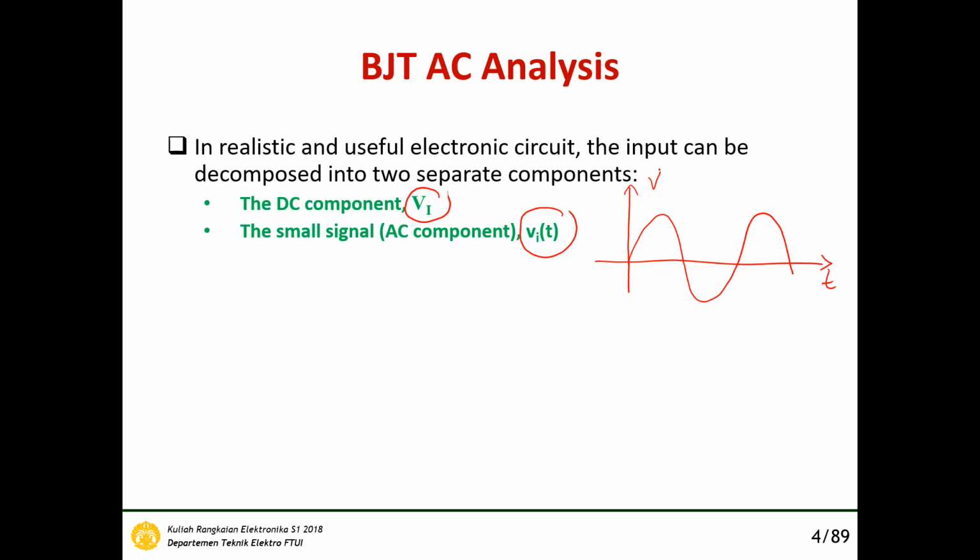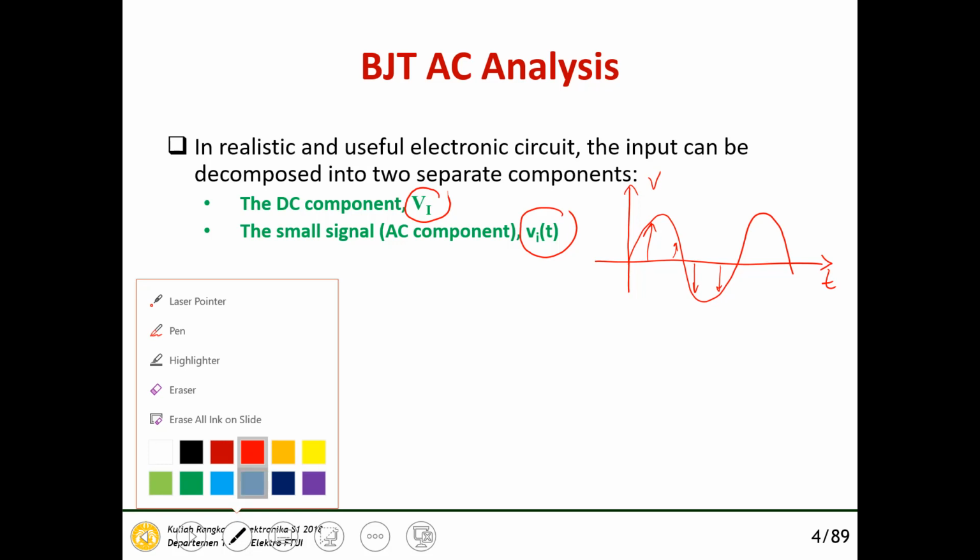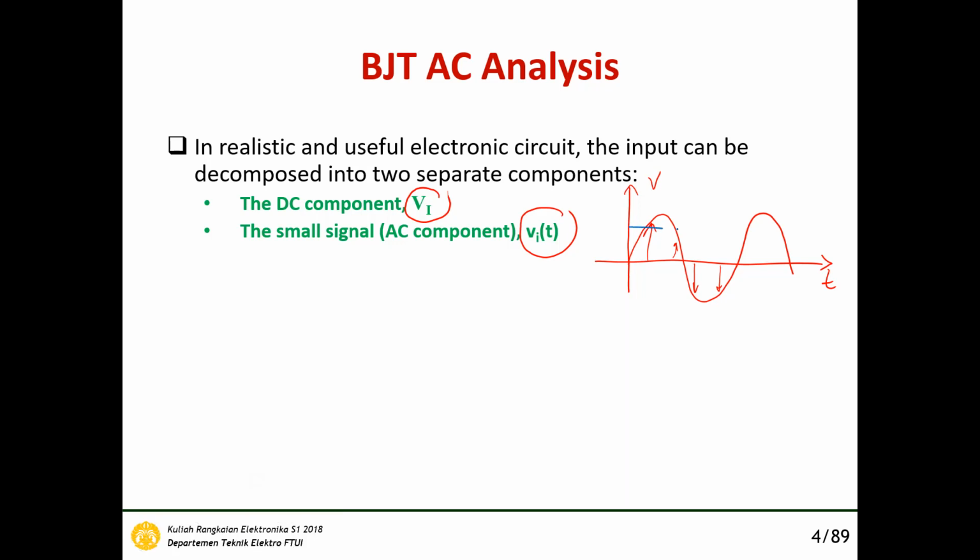The magnitude of the voltage will vary like this, large and then small, large, depending on the t. But for the DC, it is fixed.